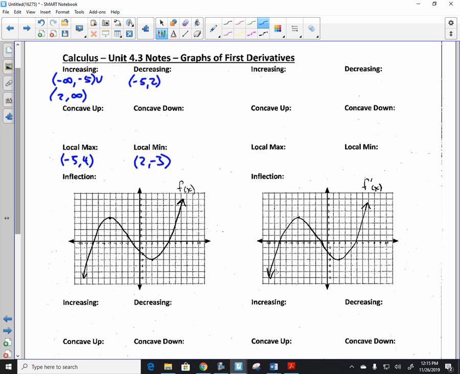Right about there? So we're going to call that it switches at approximately -2, +1. And we call that the inflection point, where it changes concavity. So therefore, it's concave down from -infinity to -2, and it's concave up from -2 to infinity.